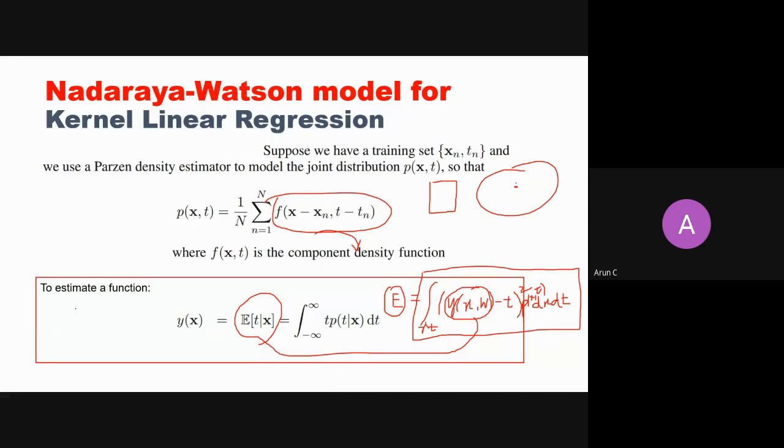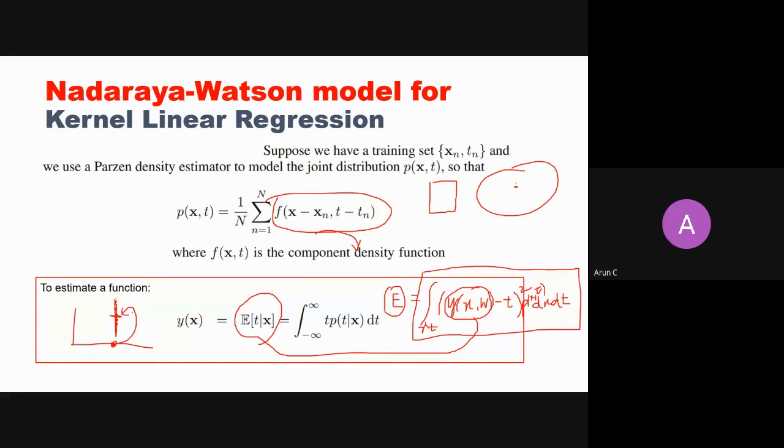It means this. For example, for a single x, there can be many possible values. Why? Because there could be noise in recording the function. You take the mean of those values, and if the mean comes somewhere here, the particular choice for this x will be this mean.